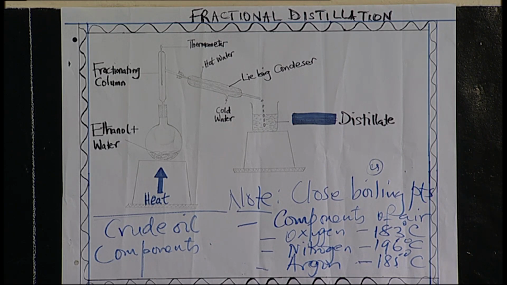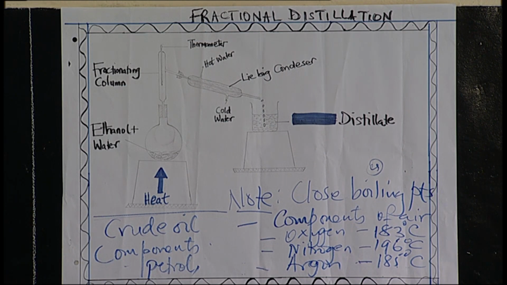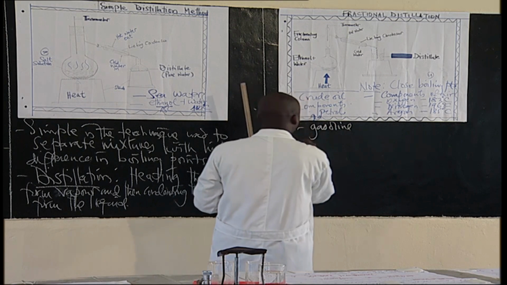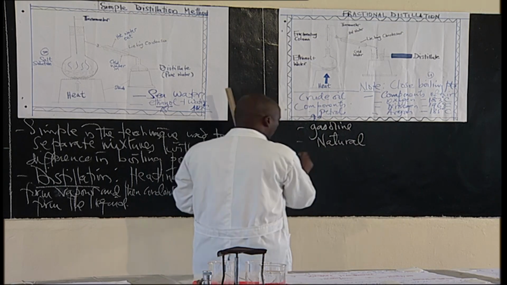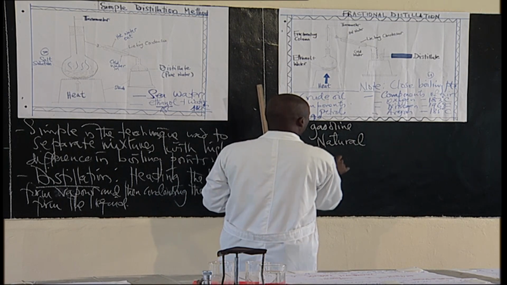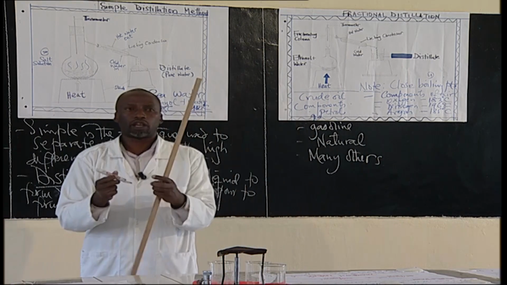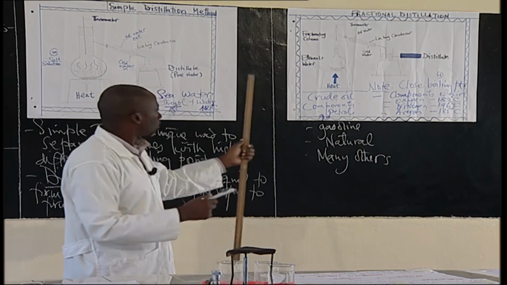We have petrol, we have gasoline, we have even natural gas, and many others. Those are the components of crude oil.